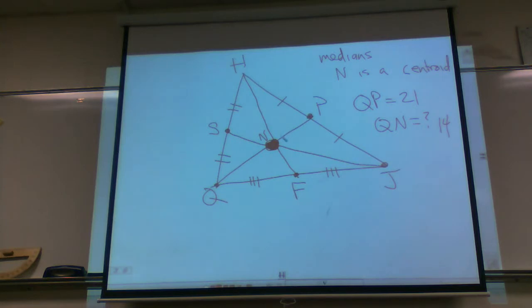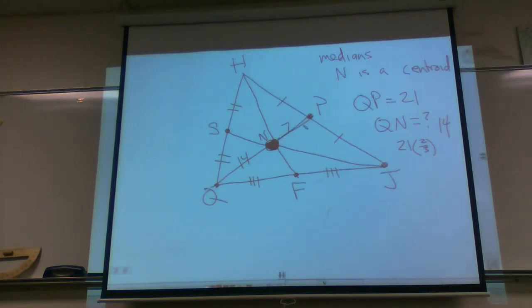So this, like you said, would be 1/3 of the entire thing. So 1/3 of 21 is 7. And then you just subtract, right? So that would be 14. Usually you could have done 21 times 2/3 and got the same answer. But for most people, it's easier to take that number, divide by 3, get the shorter one, and then just subtract.